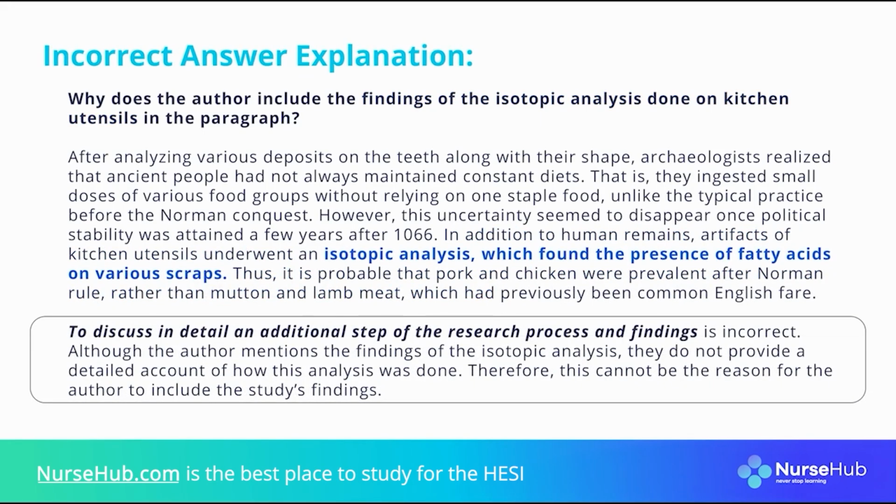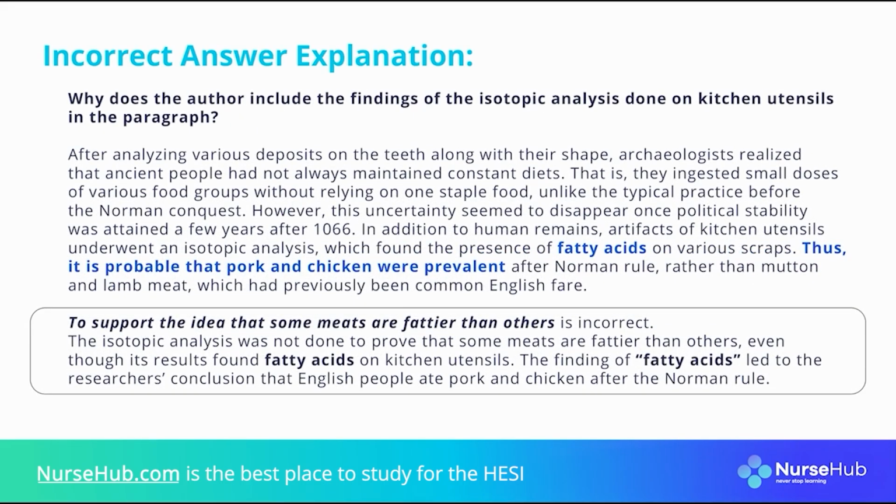Here's our first incorrect answer option. To discuss in detail an additional step of the research process and findings. So although the author mentions the findings of this isotopic analysis, they don't provide a detailed account of how this was done. Therefore, this cannot be the reason for the author to include the study's findings.